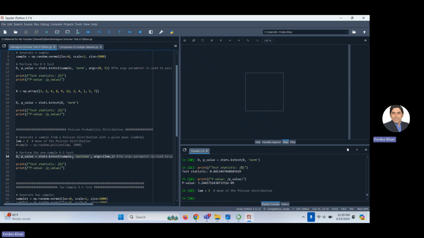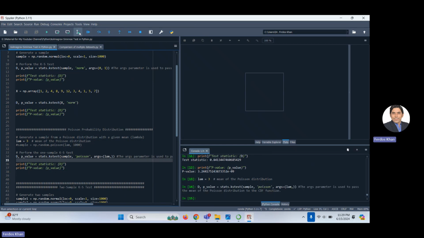And then just apply the same test to the sample data, which is generated here from a normal distribution, of course, and just write poisson instead of norm. So poisson, and args is this value lambda. This parameter is passed to the Poisson distribution. Just run this command and see what is happening.